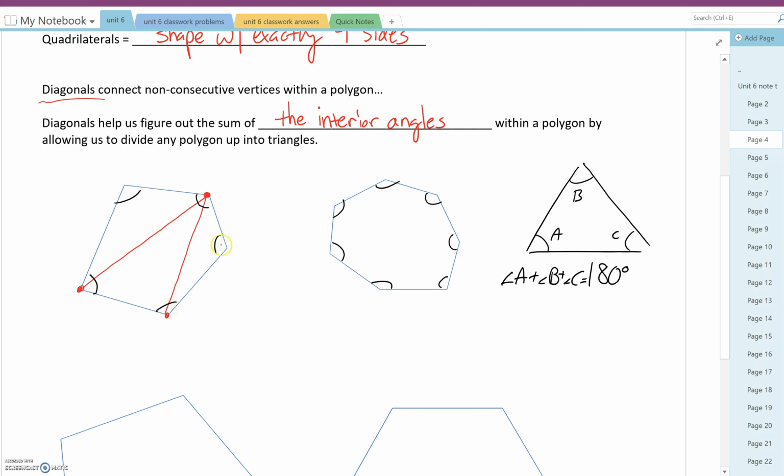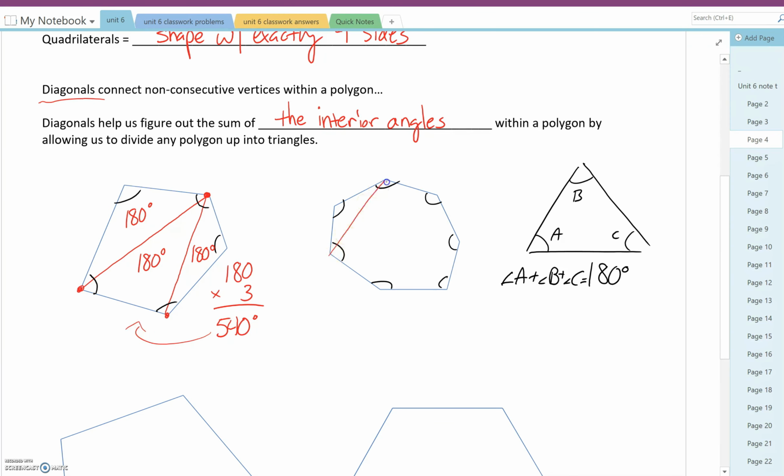Even if I don't know what any of these 5 angles are, I'll know how many degrees there are total inside of that 5-sided shape by just adding up the number of degrees in the 3 triangles I've created. So here I'm going to have 180 times 3, you can use your calculator or you can just take my word for it. It's going to be 540 degrees. So inside of any 5-sided shape are 540 degrees.